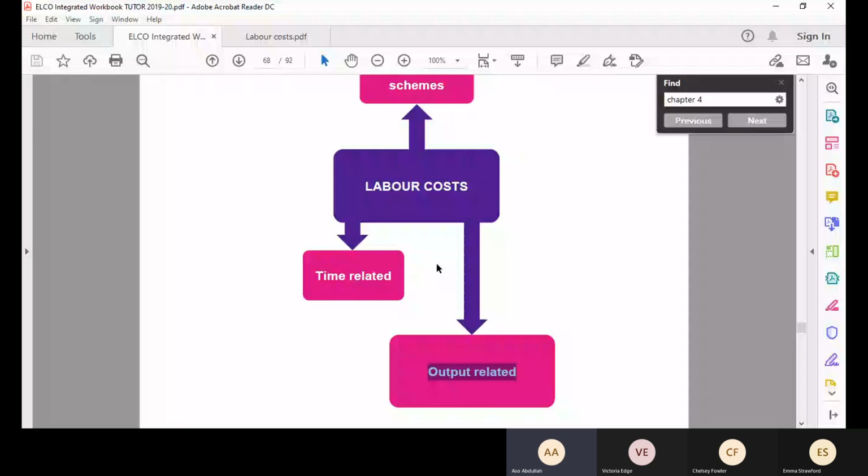The more time you spend at the workplace, the more the employee costs. So salaried employees are a fixed cost, while the hourly rate is a variable cost. The variable cost changes based on the actual work they do. This is time-related pay.